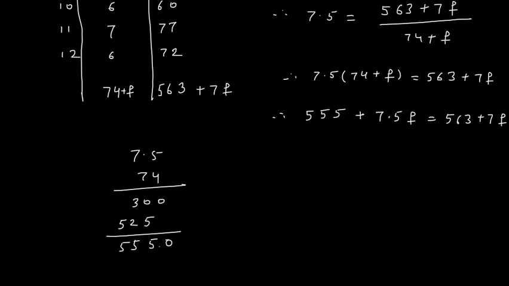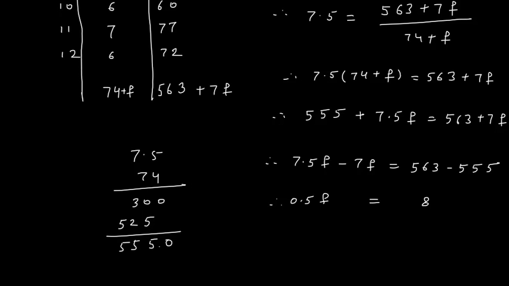This is equal to 563 plus 7f. So therefore now 7.5f minus 7f will be equal to 563 minus 555. So therefore here we get 0.5f, and here 13 minus 5 we get 8.